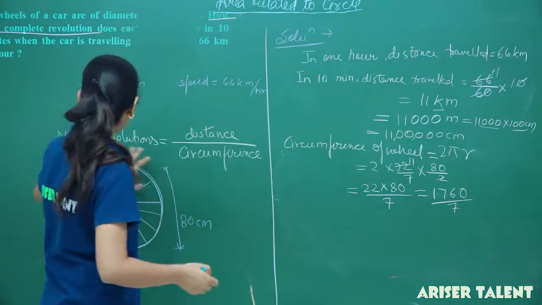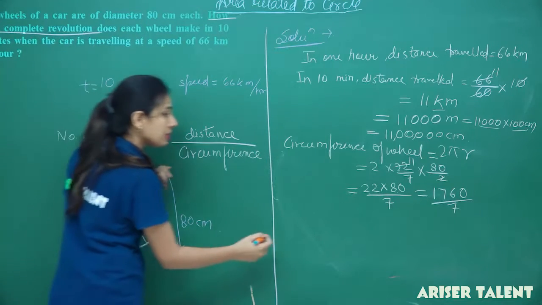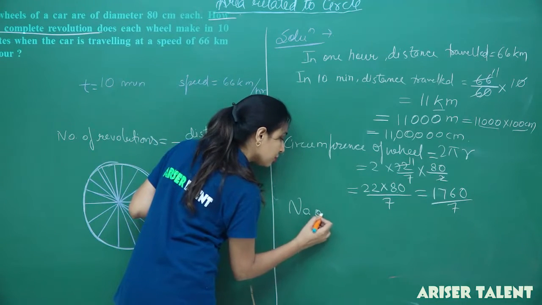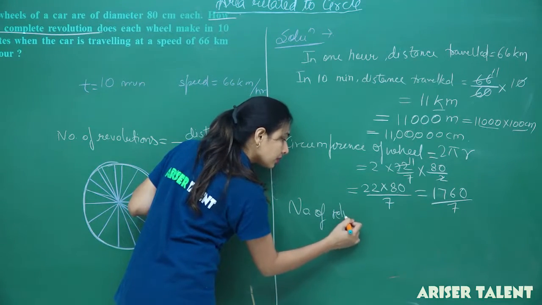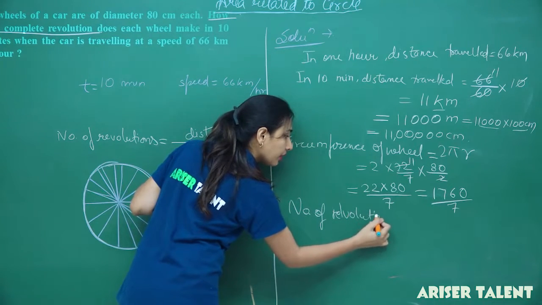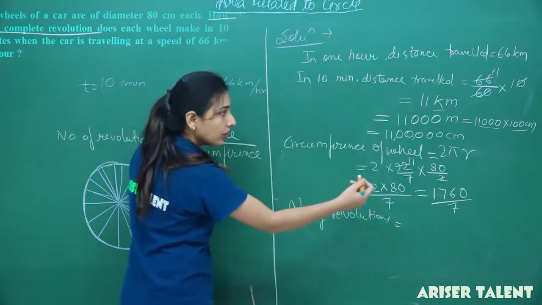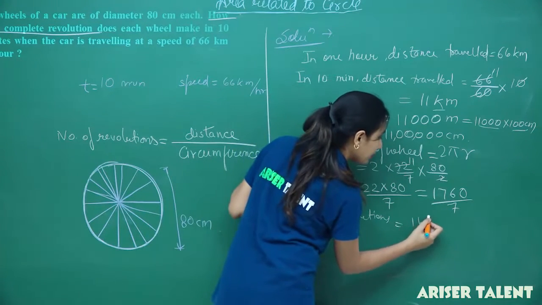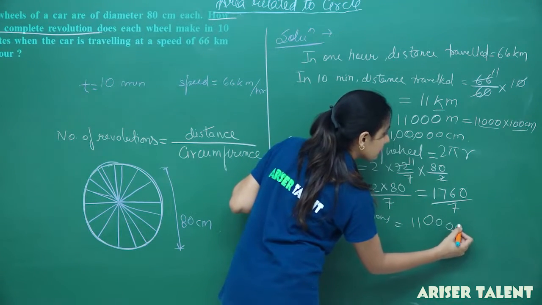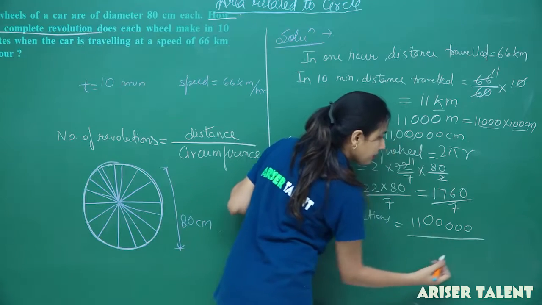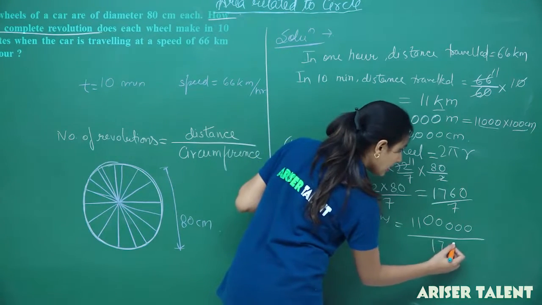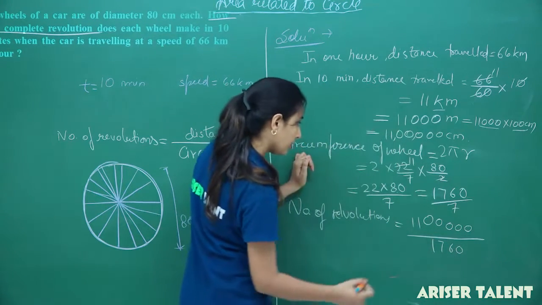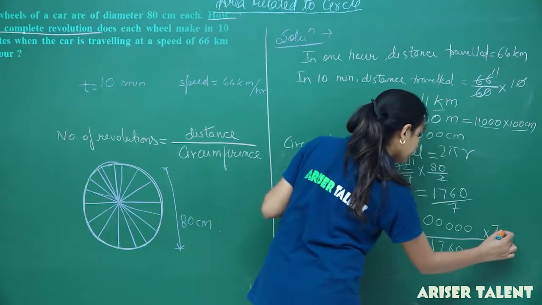Now what I have to find out? Number of revolutions. So number of revolutions from this formula will be what? Equals to your distance covered in 10 minutes, divided by this 1760 by 7.